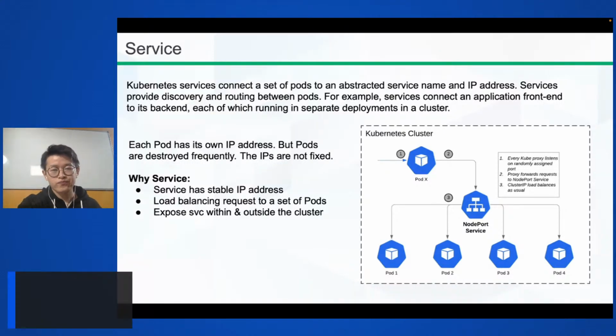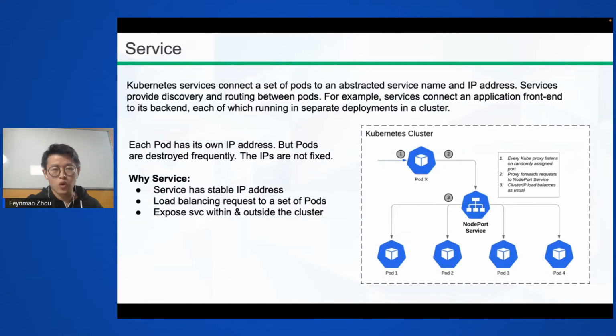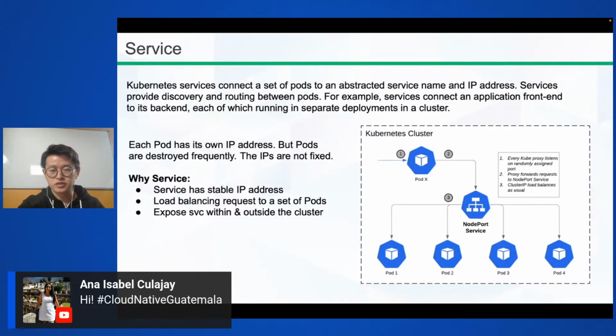So in production or in our test environment, we always use a Kubernetes service to expose and proxy the requests to our backend deployments or workloads. The first and foremost reason is that a service has a stable IP address for users to access.